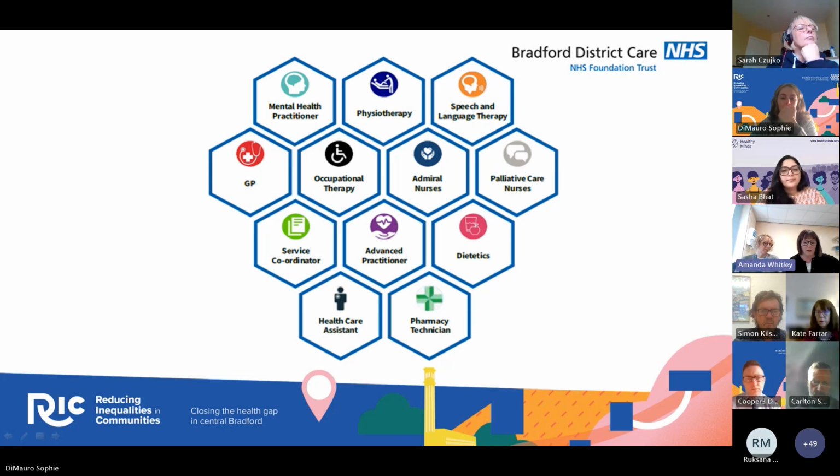All our professionals have got a breadth of experience now of working in Bradford City, and include allied health professionals, nurses, a GP, pharmacy technician, and we have a really good balance of physical health and mental health. And we look at the interactions between mental health and social and physical health and address the needs in looking at the priority of those needs. Next slide, please, Sophie.